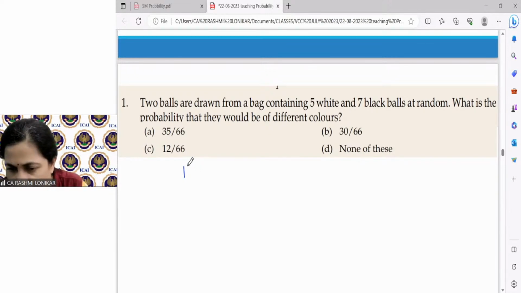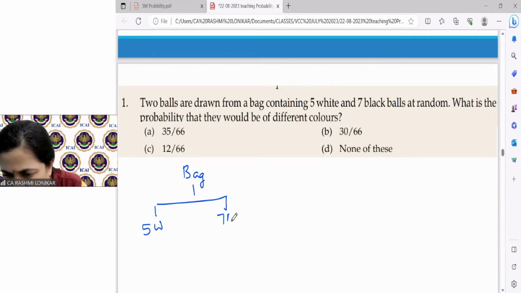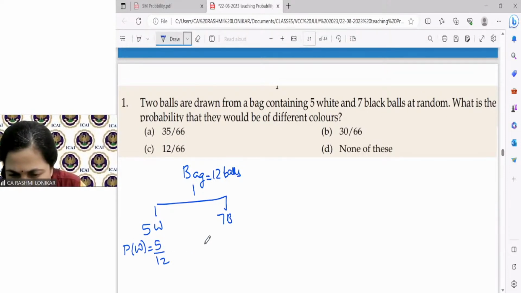So there is a bag. There are 5 white and 7 black, so the bag contains 12 balls. Out of 12, 5 are white and 7 are black. So the probability that it is a white ball is 5 by 12. The probability that it is a black ball is 7 by 12.